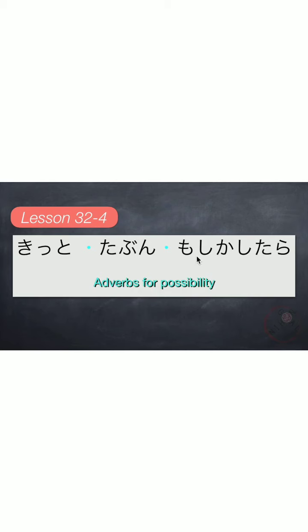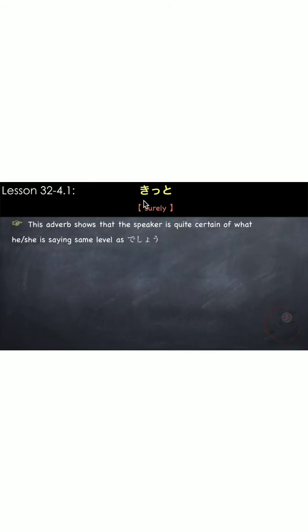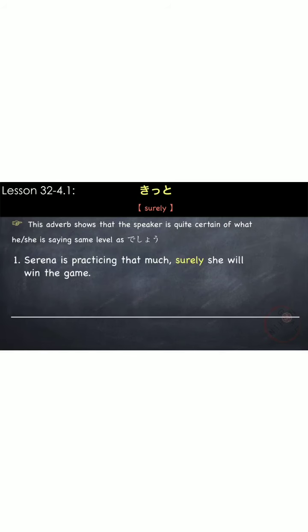Next are adverbs for possibility, such as きっと、多分 or もしかしたら. First is the adverb きっと, meaning surely. This adverb shows that the speaker is quite certain of what he or she is saying, which is the same level as でしょう. For example, Serena is practicing that much.